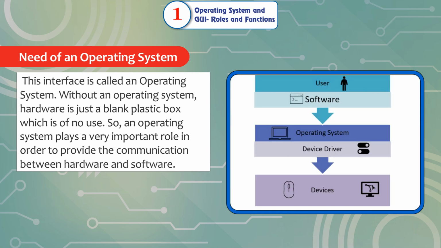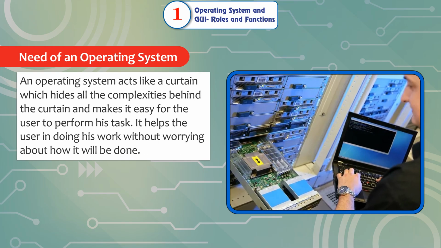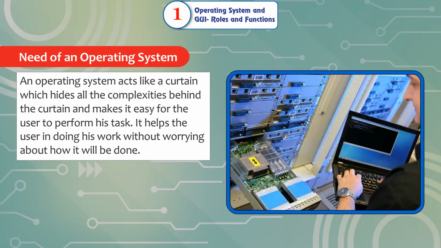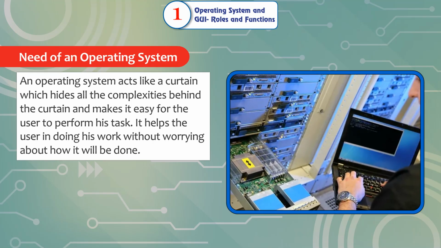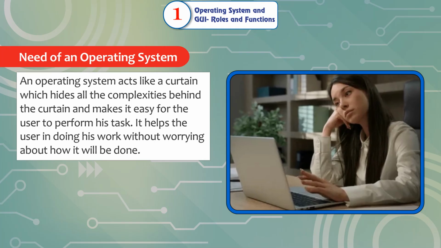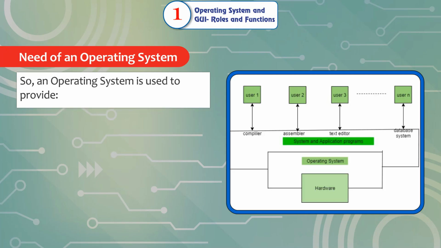So, an operating system plays a very important role in order to provide the communication between hardware and software. An operating system acts like a curtain which hides all the complexities behind the curtain and makes it easy for the user to perform his task. It helps the user in doing his work without worrying about how it will be done.